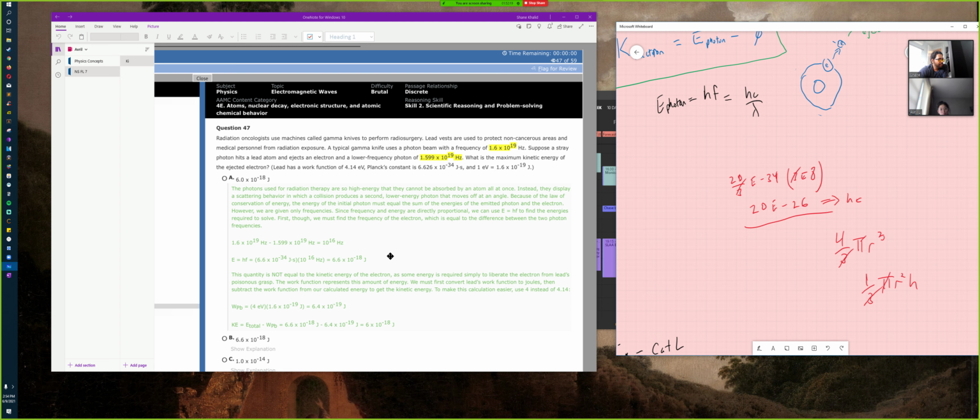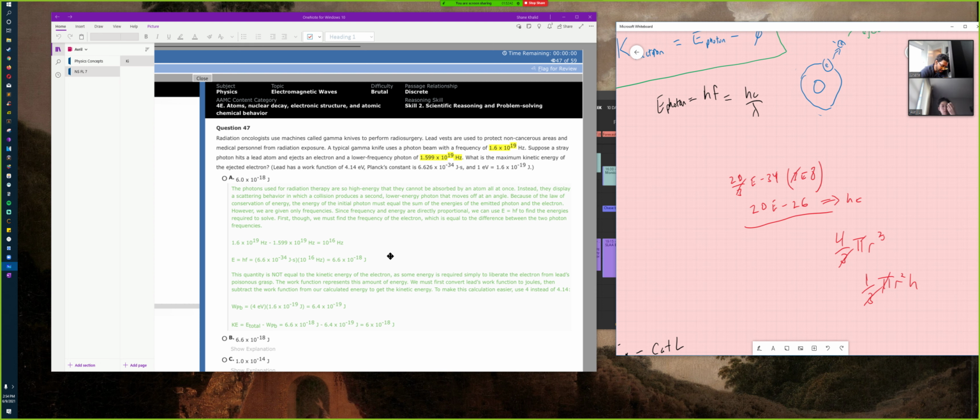Okay, so I guess we're going to deal with a couple of things here, but electron volts is one of them, which is also something that I have memorized, which I think is useful.